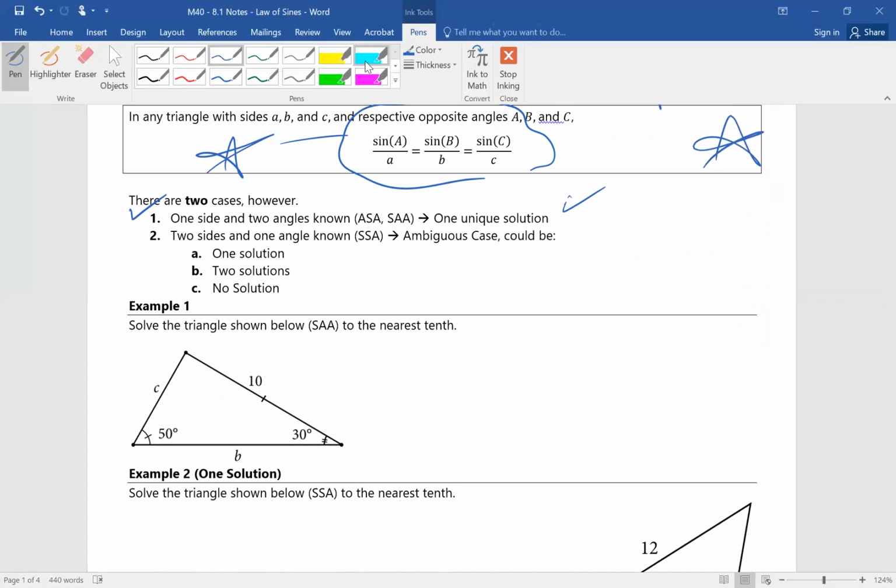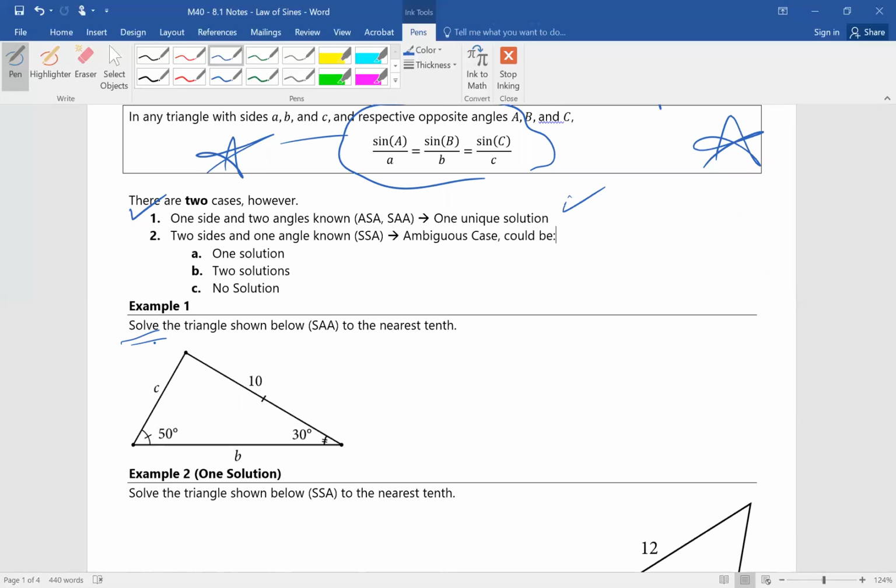Well, right now. So if they're asking you to solve this triangle here, solving meaning know all the angles and all the sides, that means figure out all the angles and all the sides. But this time there's no 90-degree triangle, no unit circle. We are now beyond those restrictions.